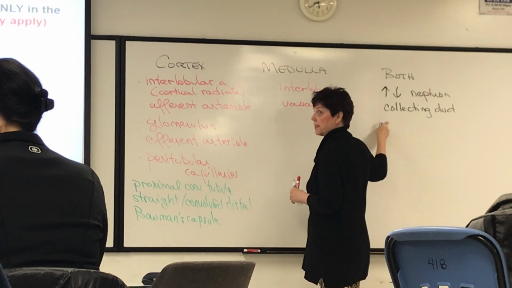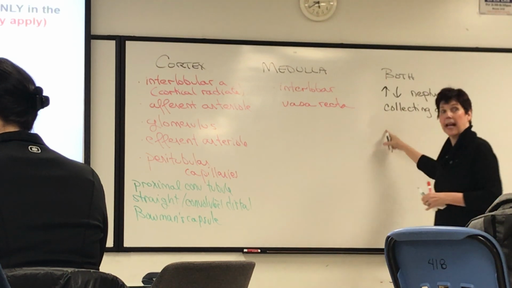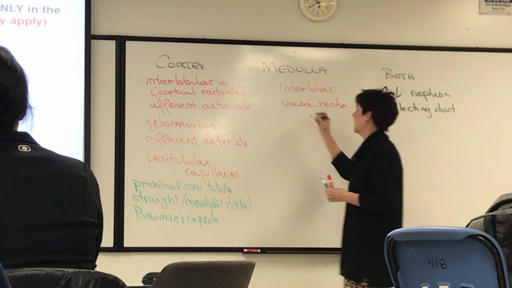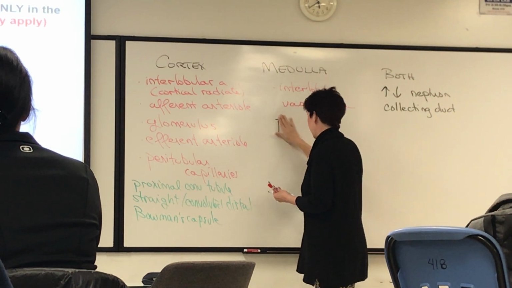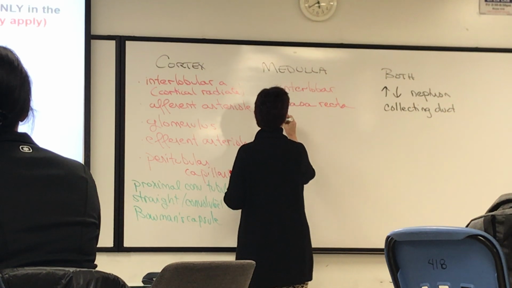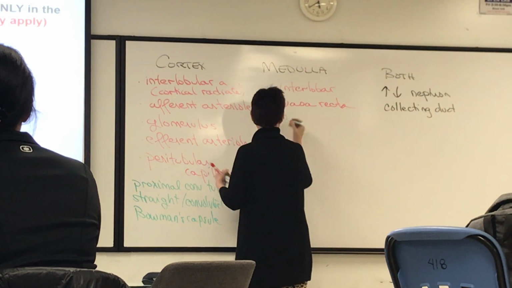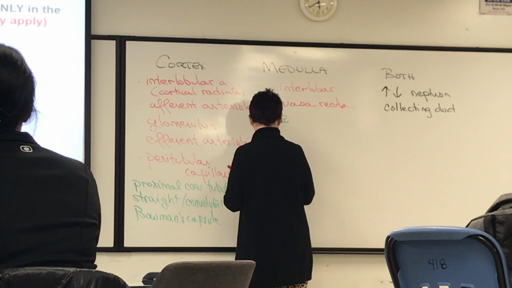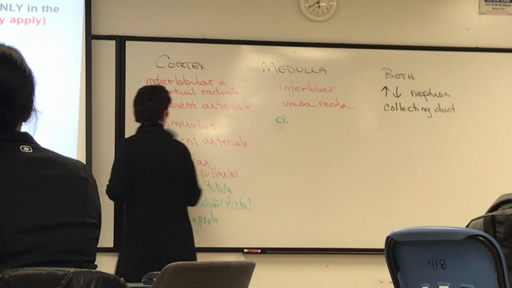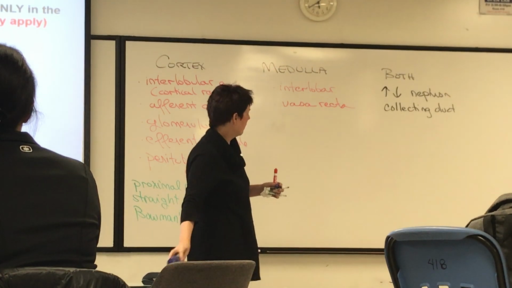So the collecting duct starts in the cortex, passes through the cortex into the medulla, but at the very tip where several collecting ducts can come together, we would find the papillary duct. I need a different color, but oh well, this is what I have. The papillary duct will be found here as well.